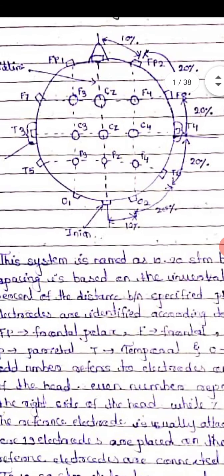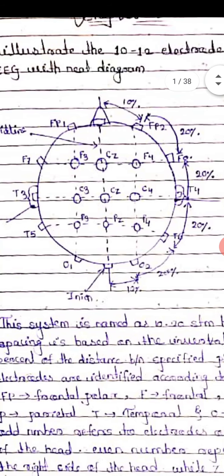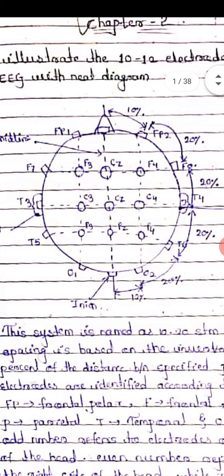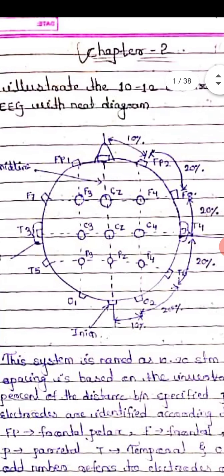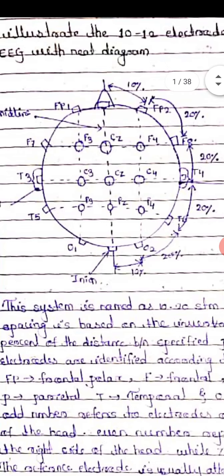On the other side you also have to divide the distance in the same way. Now you have to give the notation. The first 10% distance gives Fp1 and Fp2. The next 20% distance you consider as F7 and F8.